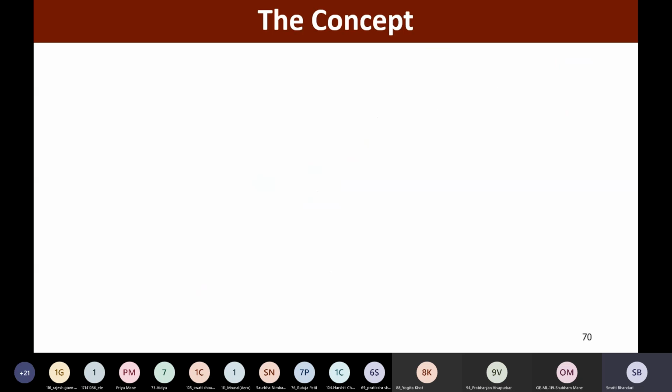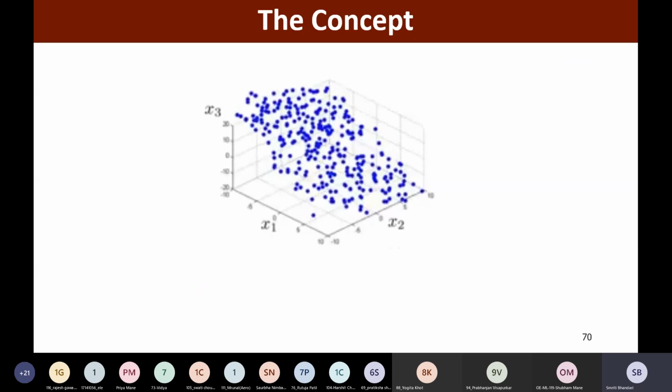Let us try to extend this concept to 3 dimensions. Here let us assume that we have data points described with 3 features. So my feature vector x has 3 features, x1, x2 and x3.